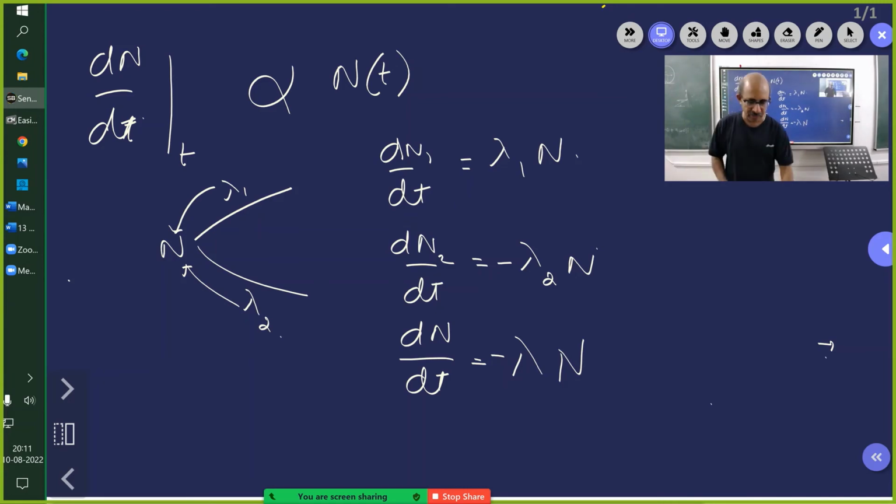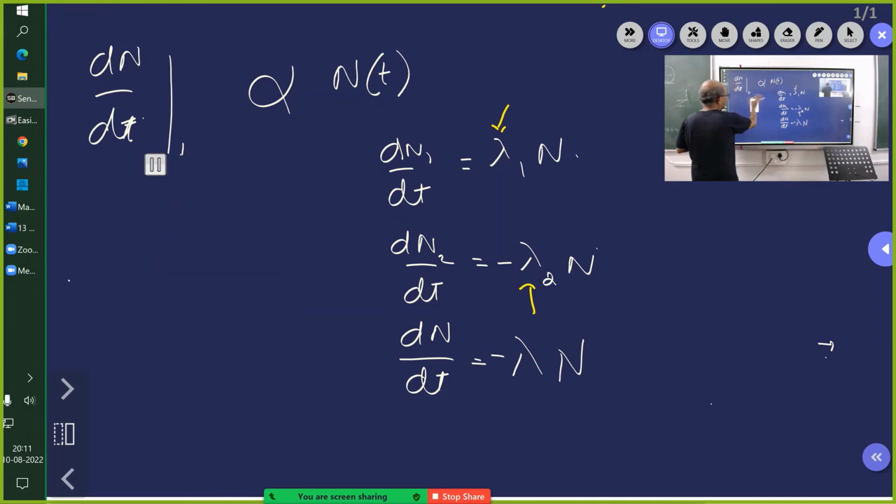See, n reactants are there. One will say I will decay by lambda 1, another will say I will decay by lambda 2. So that is happening simultaneously. So the rate of decay, whether through lambda 1 or through lambda 2, is dependent upon how much radioactive constituent is there. Is it clear?